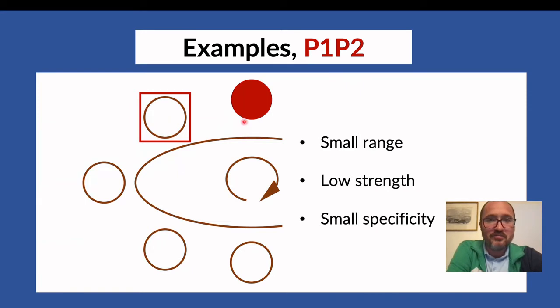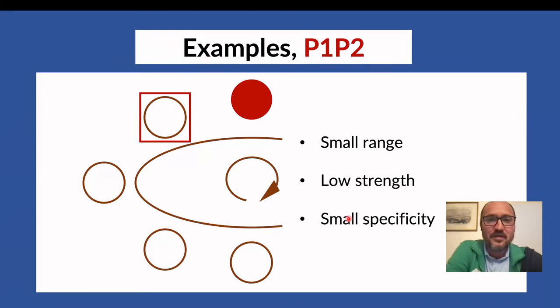The strength is low because we didn't learn that much. We learned that they picked a rare, so not much important information in there. And the specificity is quite small because we didn't learn anything. This rare could have been anything. It could have been a mythic. We don't know.